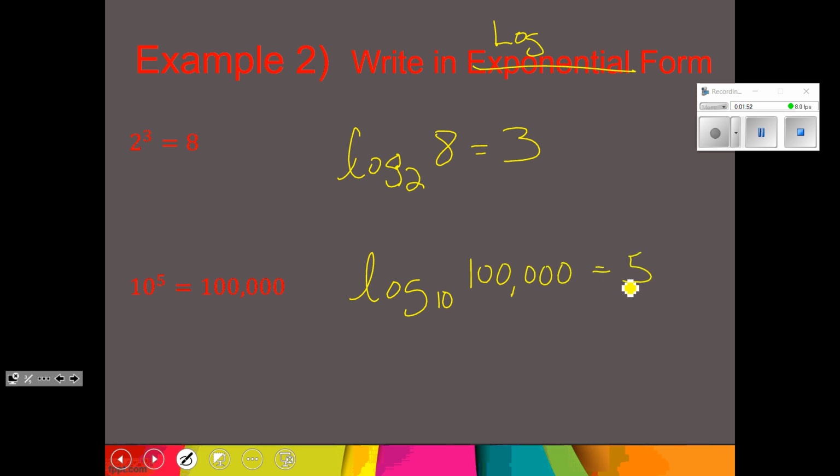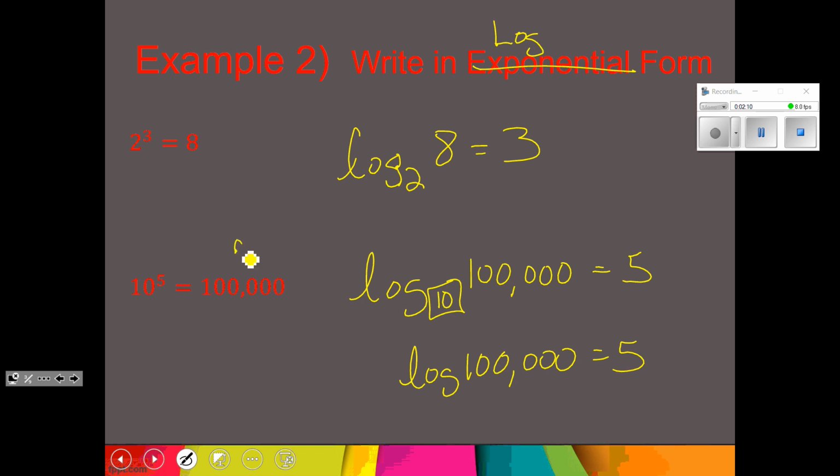And we're going to go a little bit further. We talked about this the other day. When it is base 10, you don't necessarily have to say base 10. You could just say the log of 100,000. And we talked about this in your calculator. You can use your math, alpha math.